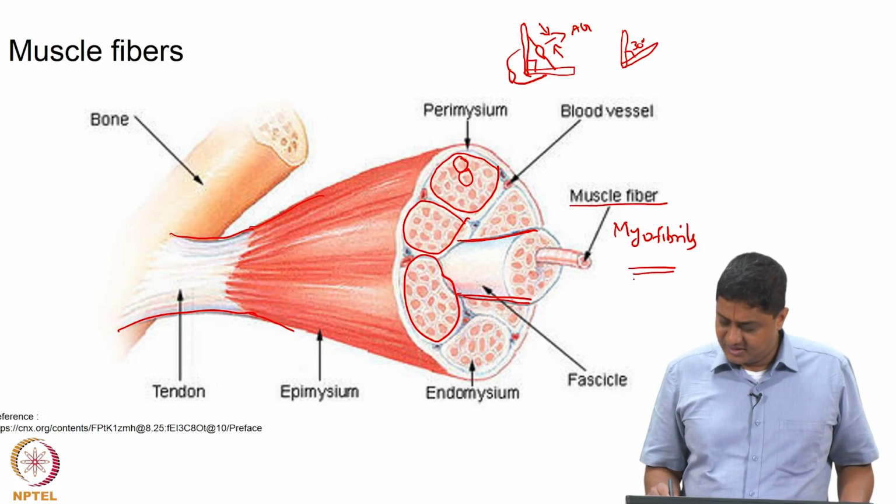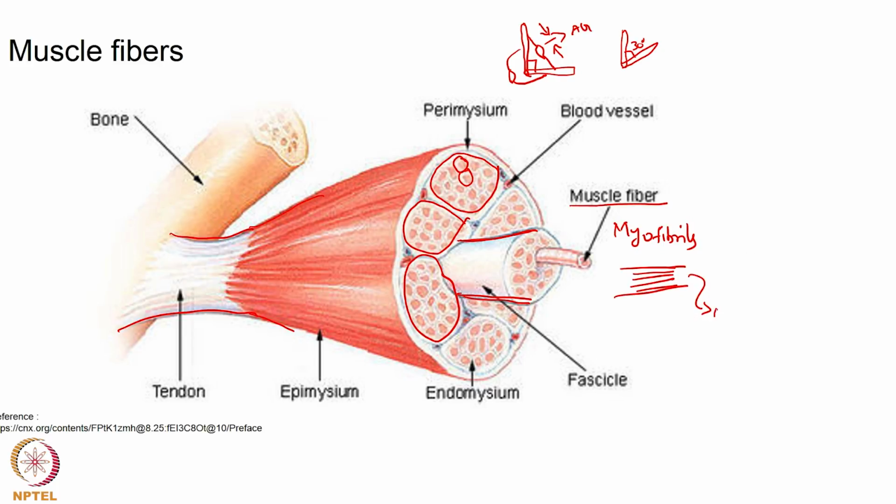Several myofibrils are arranged in parallel to constitute one muscle fiber. These are myofibrils. But what is found within each myofibril?